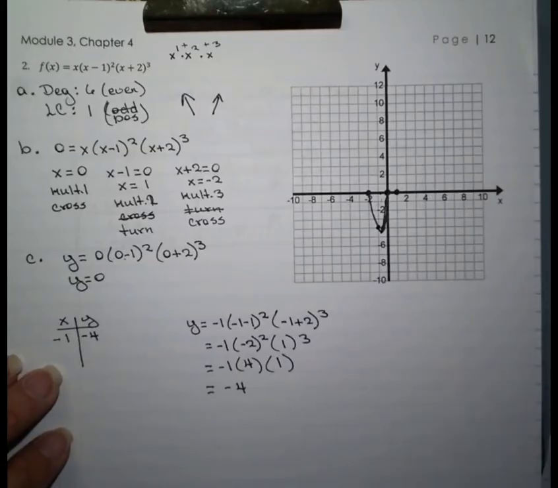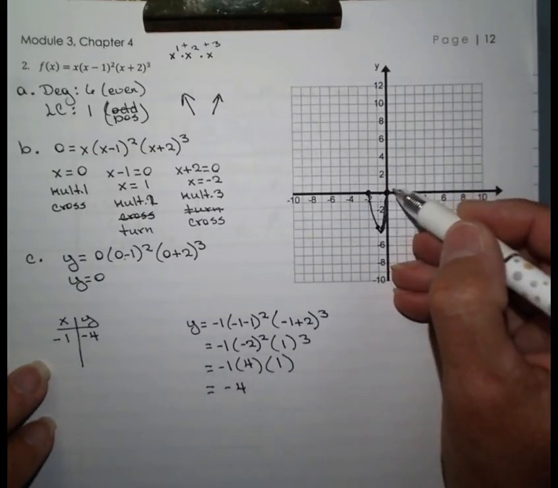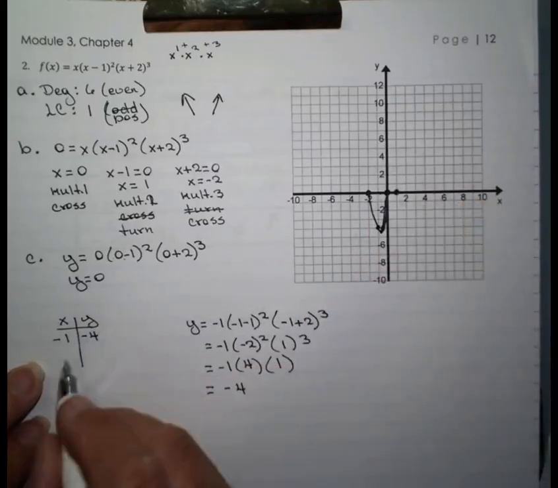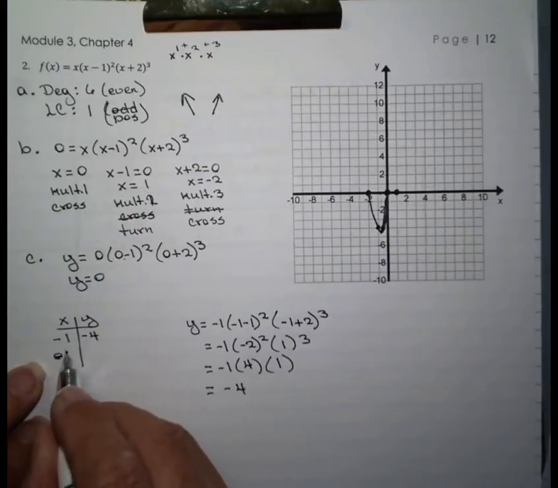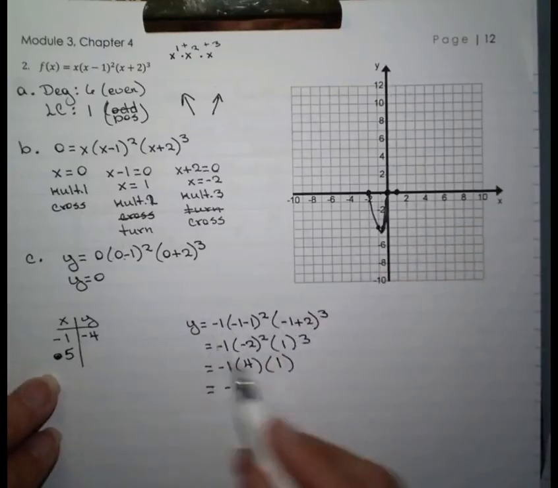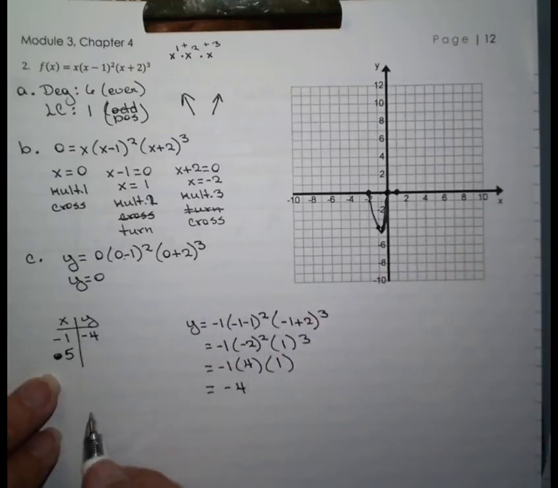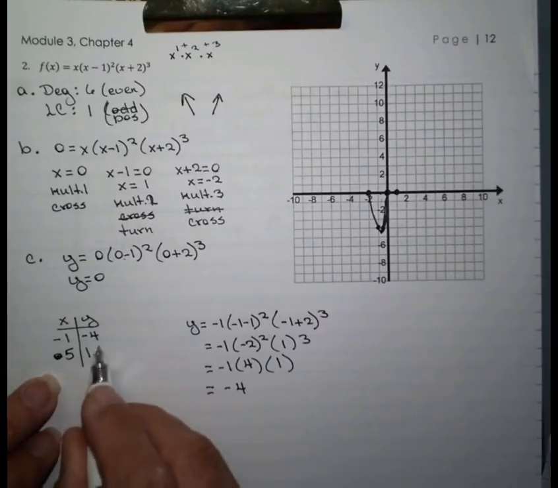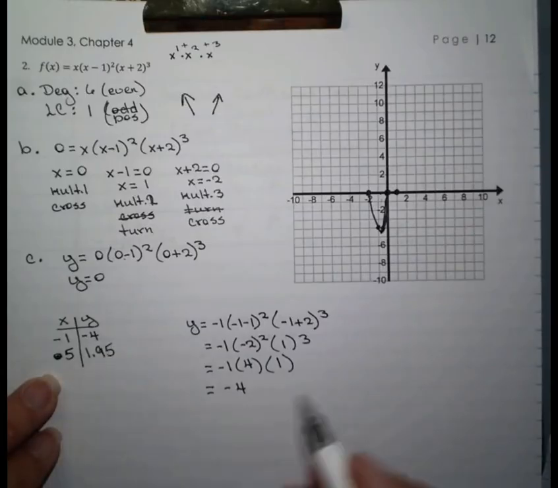And I could calculate it and do some calculations with it. I would kind of guess where x is 0.5, and if you wanted to, you could plug in an x of 0.5. That's a decimal. If I plugged in x of 0.5 and did the math for it, I should come up with 1.95, almost 2.